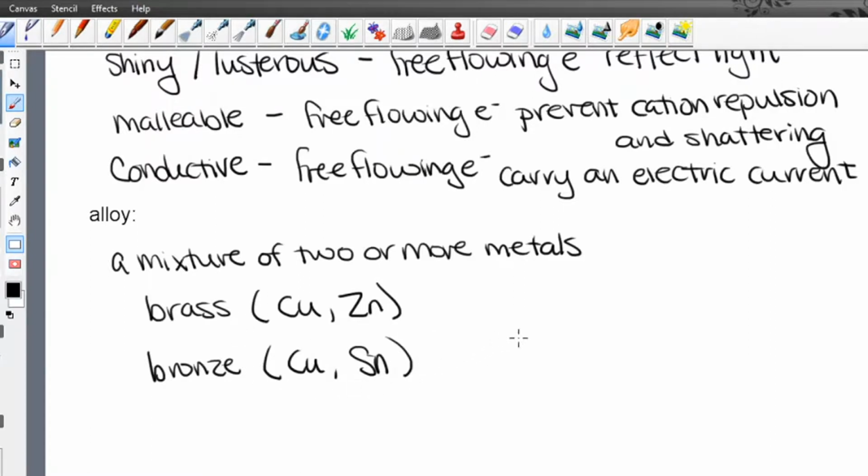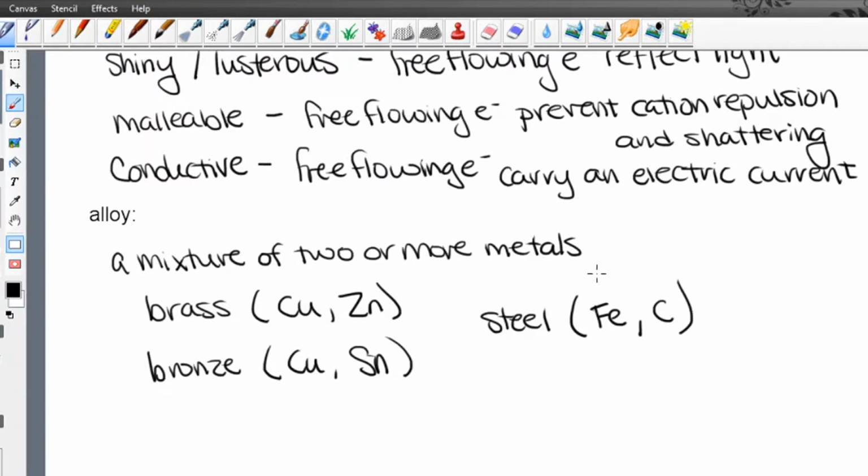You can also make an alloy by taking a metal and mixing it with a nonmetal. But instead of bonding it to a nonmetal, which would make it ionic, you just mix the substances together. And steel is a common alloy of iron and the nonmetal carbon. So it doesn't have to be metals.